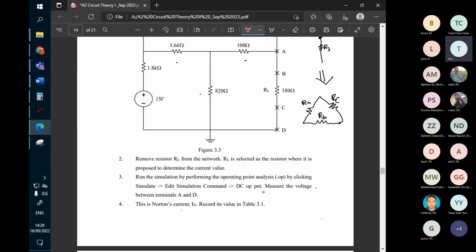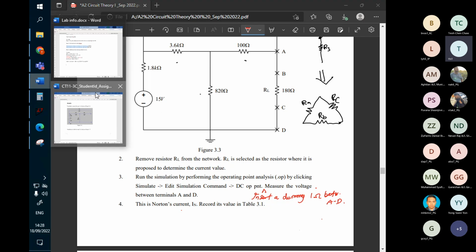We put a statement right before this statement. Insert a dummy 1 ohm resistor between A and D. We need to insert another statement here.